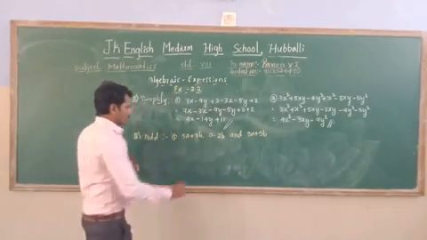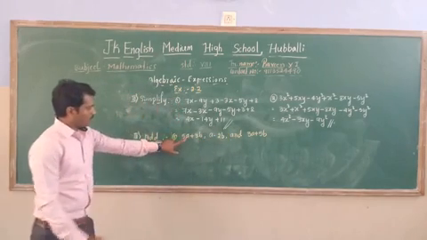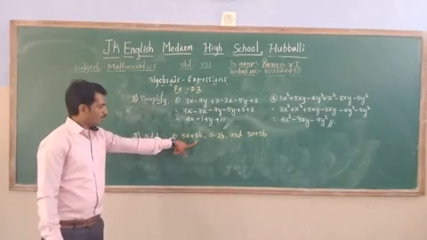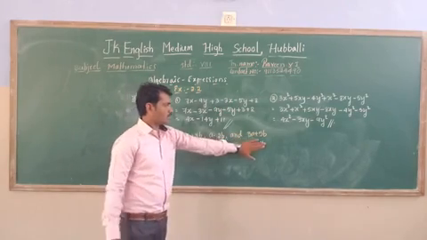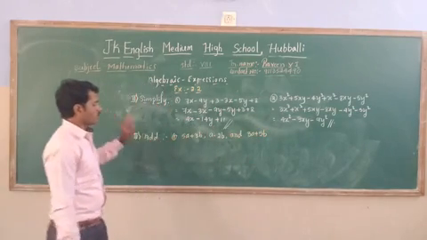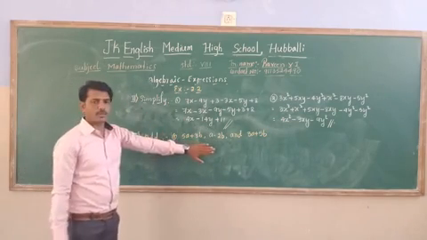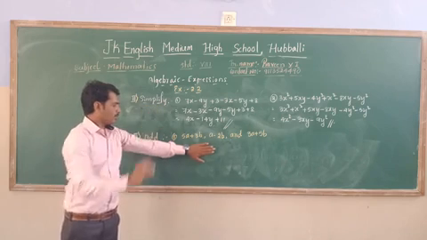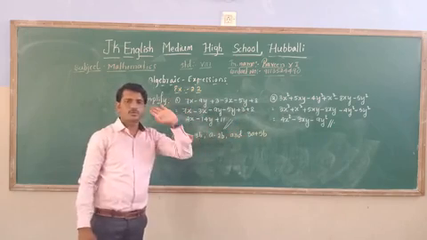First one, 5a plus 3b. Second, 2a minus 2b and 3a plus 5b. We are having three algebraic expressions, especially binomials. Why are we calling them binomial? Two terms are there in each.